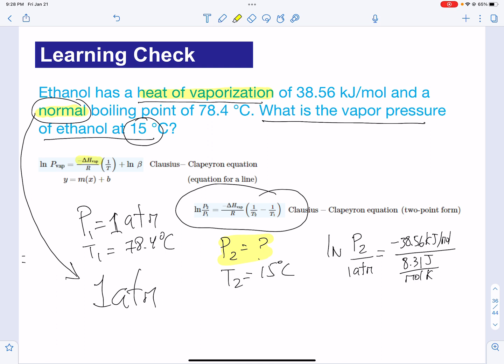Notice that this is joules and this is kilojoules, so that will be a problem.